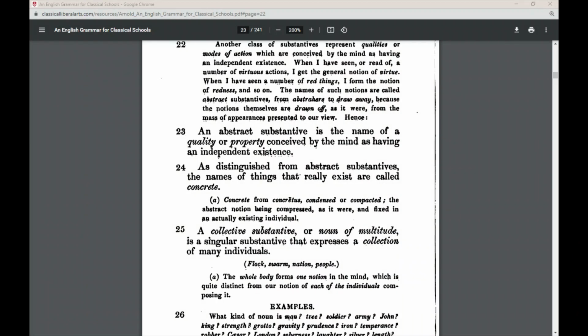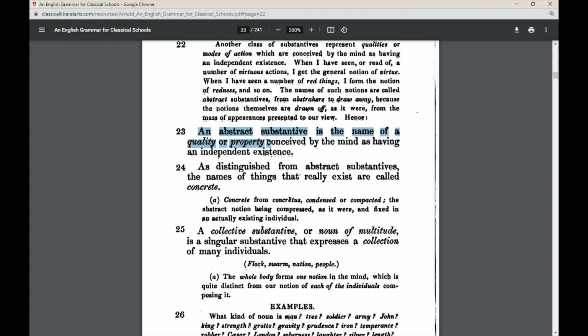But what this question is about is something related but different. It's about abstract substantives and concrete substantives. This is a more challenging question. Now, the definition in our grammar book, and let's take a look at it real quick. The definition in our grammar textbook for an abstract substantive reads, an abstract substantive is the name of a quality or property.